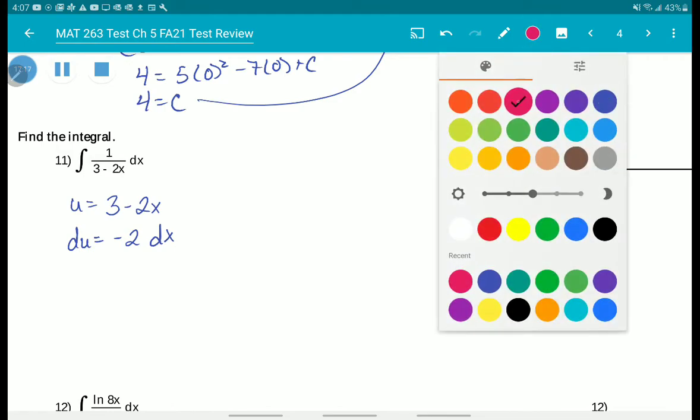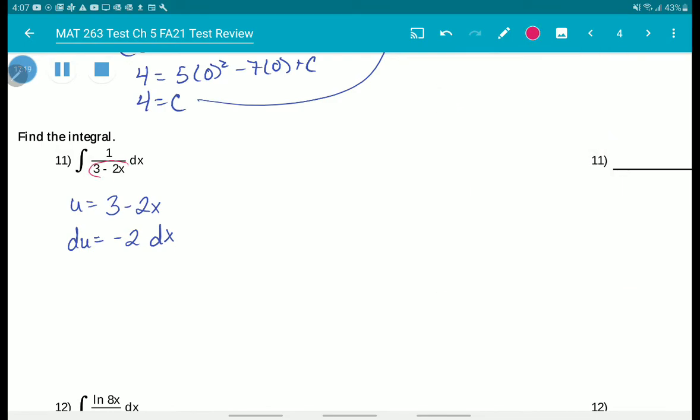Okay, let's think about what we have. We have this. That's our u. Notice we're missing a negative 2. We can multiply it in as long as we compensate with a negative 1/2 somewhere else in the problem. And now we have all of du. So when we do our rewrite, we're going to have negative 1/2 times the integral of 1 over u du.